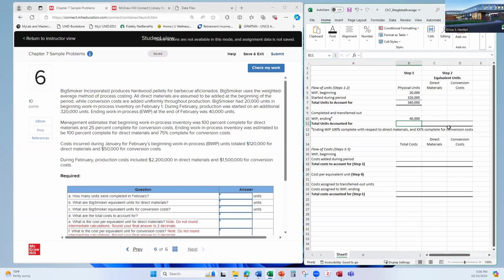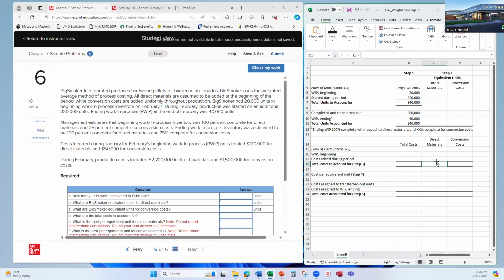So 340,000 minus the 40,000 is going to give us 300,000. And if we total this up here, they do add up, right?